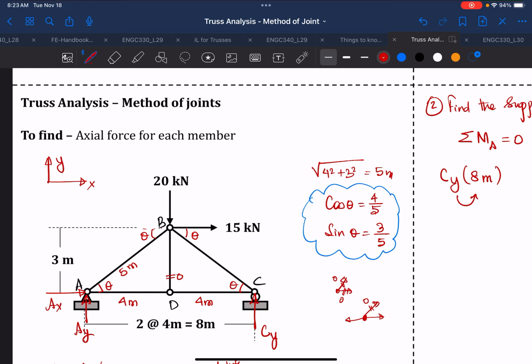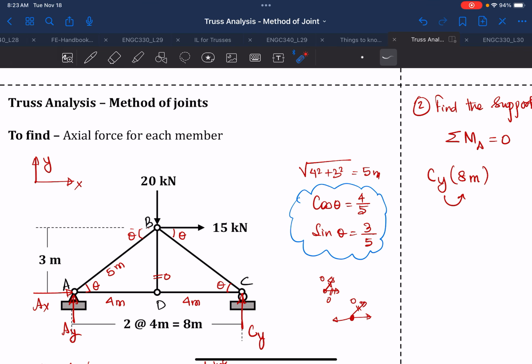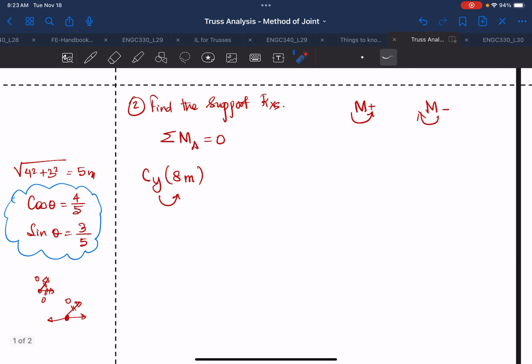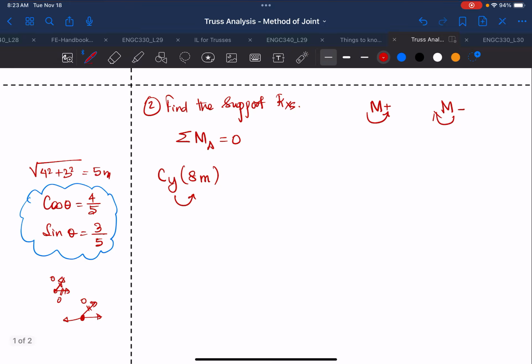Then let's look at what else we have. We have this force about A; if we extend this, this will be our perpendicular distance, and because of this it produces a clockwise moment. Which means we'll have minus 15 times 3 meter.